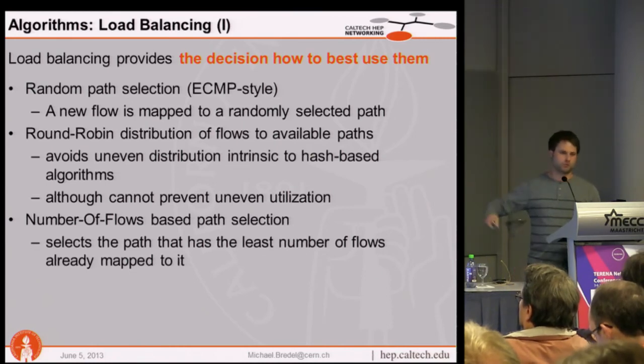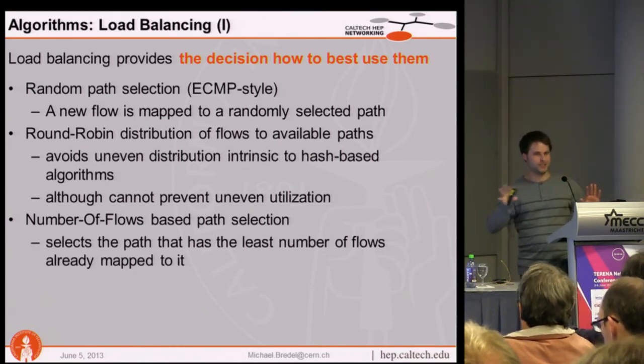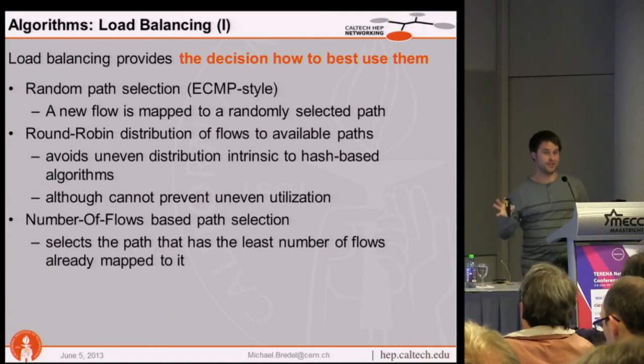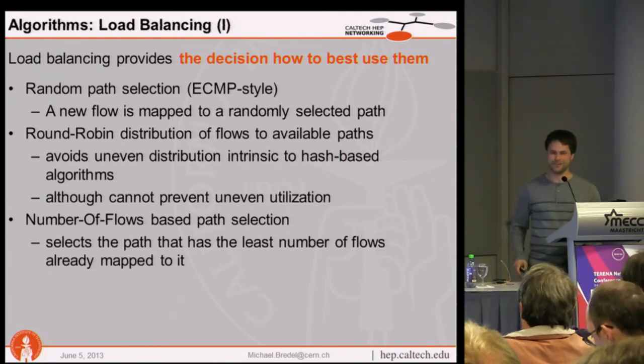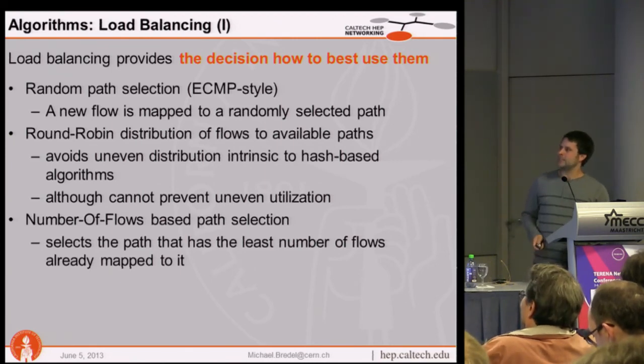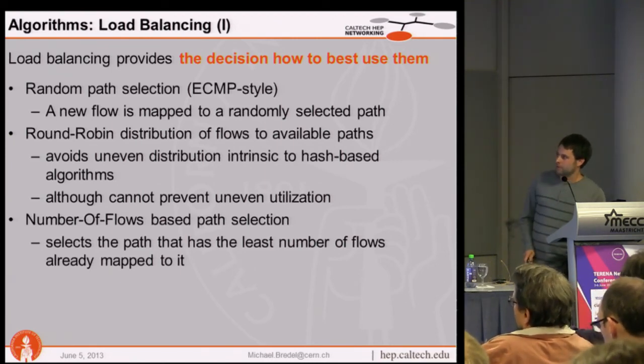You can then try to configure it manually so that this is not happening and stuff like that, but then it becomes really, really ugly and painful, and if you want to change something, it's a mess. So here we can use round robin to avoid that.